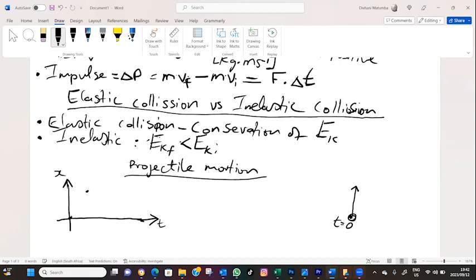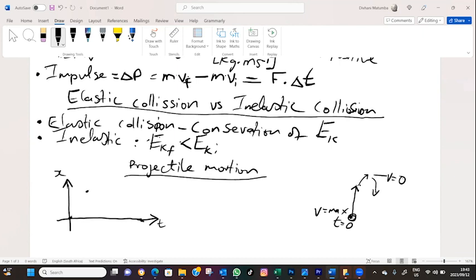Then, after some time, your ball will reach the highest point where the velocity is 0. At this point, V equals 0; at the start, V equals max.